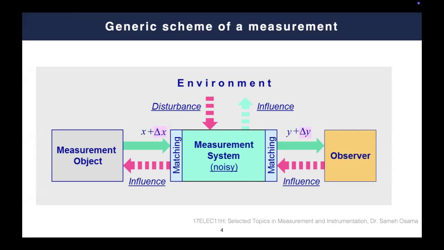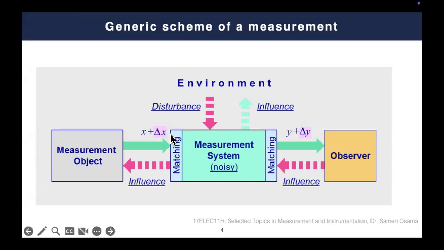And on the other hand, if I am not well trained in using the sensor, I might impact the sensor. So for example, if I inserted it in a wrong way, in a wrong configuration, now the observer influences the performance of the measurement system because, for example, he is not well educated on how to use this sensor or whatever the reason is.